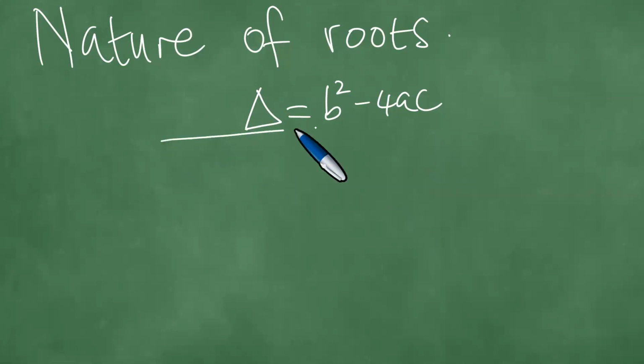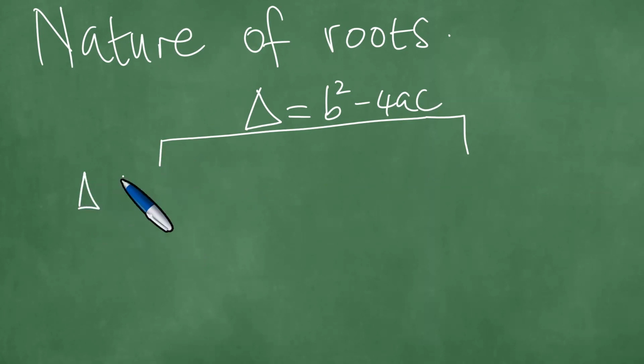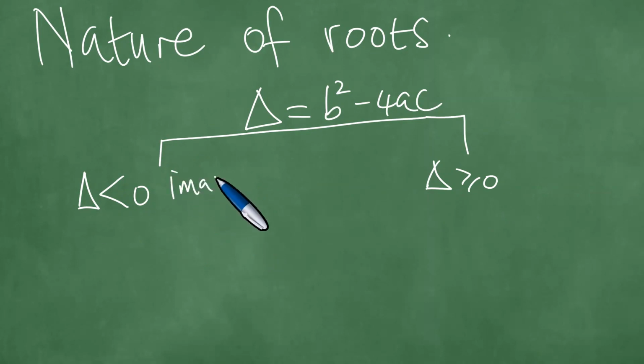Right, so delta itself has two outputs. Either the delta is negative or the delta is greater or equal to 0. If it is negative, what does it mean? Imaginary or non-real roots.